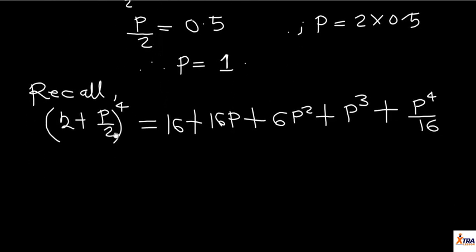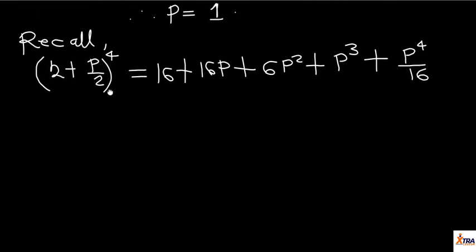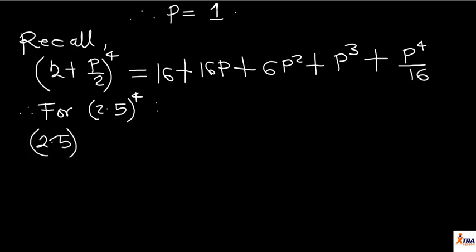So since we can recall this, all we need to do now is just substitute our value of p equals to 1. So we now say, therefore, for 2.5 all raised to the power 4 here, it will just be a simple case.